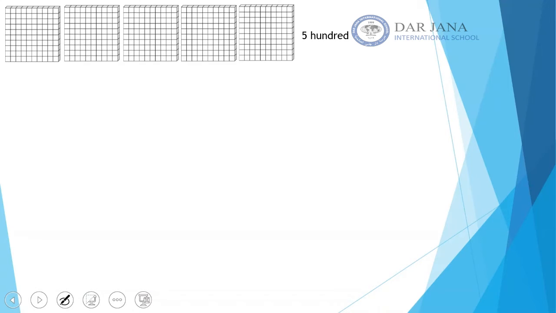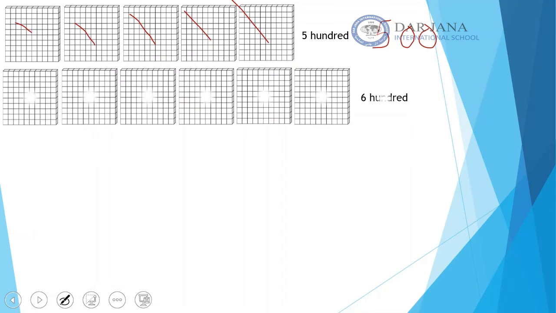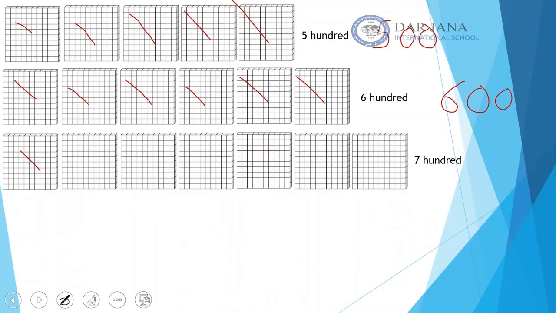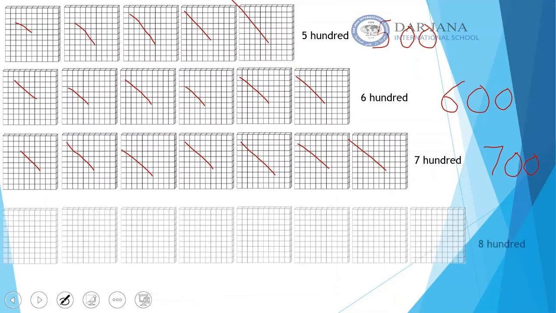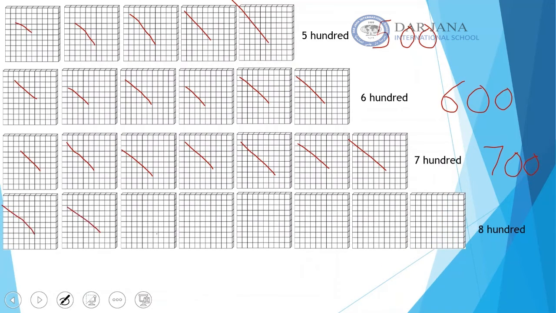Let's count more. 1, 2, 3, 4, 5. So 500. I can write it as 500. 1, 2, 3, 4, 5, 6. 600. 1, 2, 3, 4, 5, 6, 7. 700. 1, 2, 3, 4, 5, 6, 7, 8.